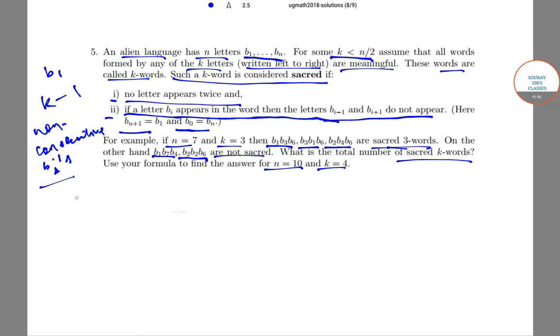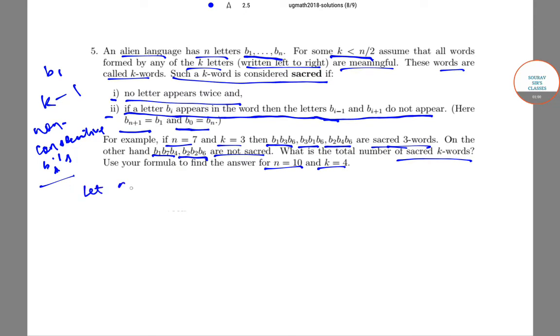For example, let n is equal to 7, k is equal to 3, and we would like to choose b1, b3 and b6.